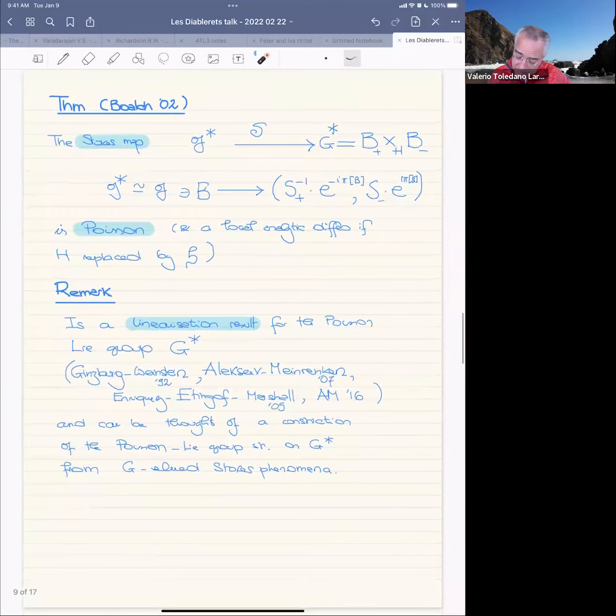So you can think of this result as a linearization result for the Poisson Lie group G. So locally, this Poisson Lie group G looks like the flat Poisson Lie group G star with its standard constant Kirillov-Kostant Poisson structure.